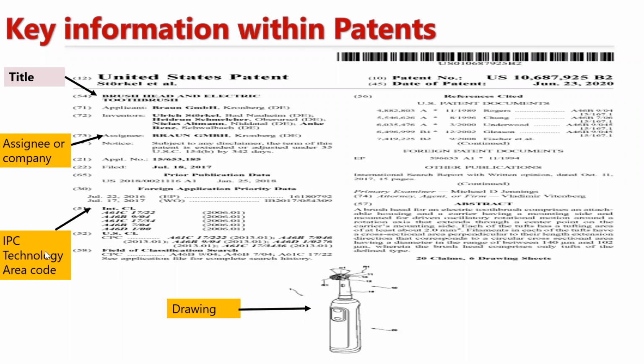It will show the drawing, and it will also show previously existing similar patents. It will list them, and it will also show the patents that it references. That list will also be here.